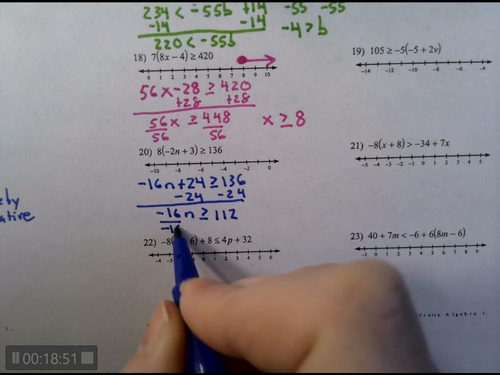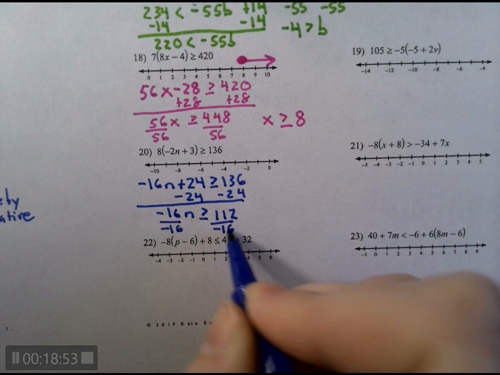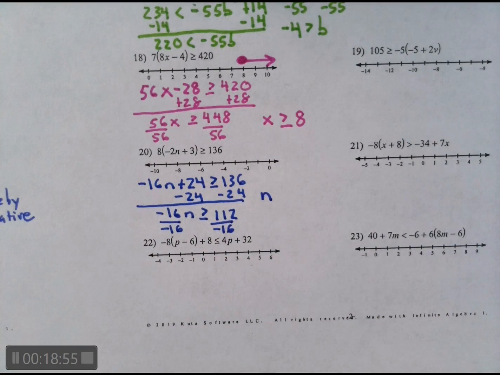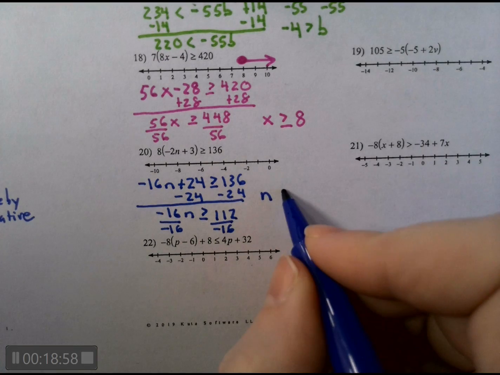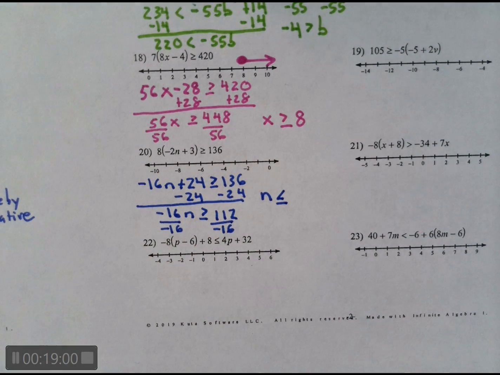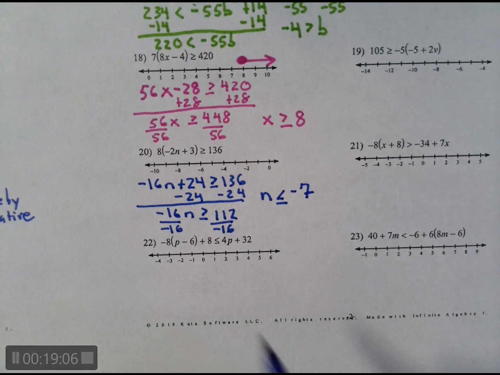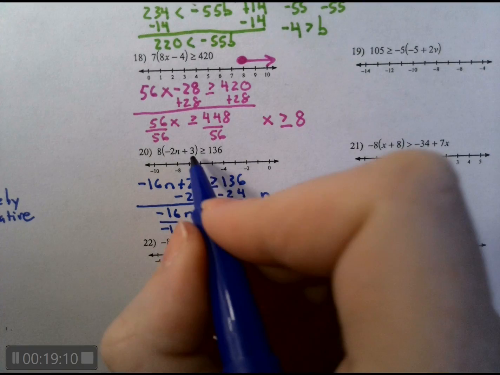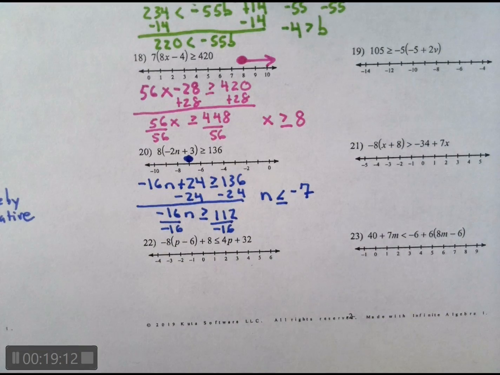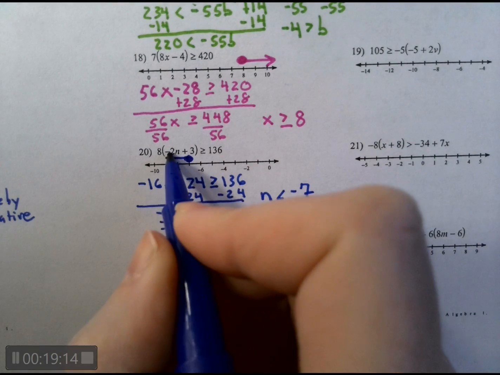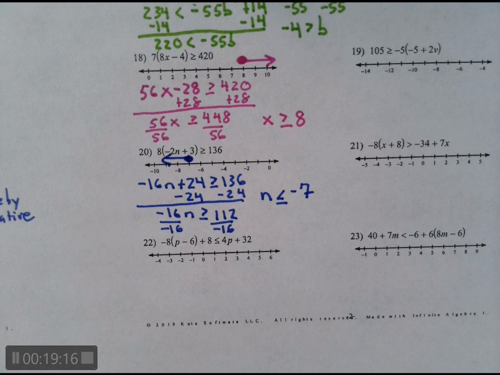Divide by negative 16. So n, what happens when we divide by a negative? It flips. And then 112 divided by 16 will give us negative 7. Because of the negative 16. Okay. Alright. And then we have our closed circle over negative 7. And then since n is less than, gotta include all the numbers less than.